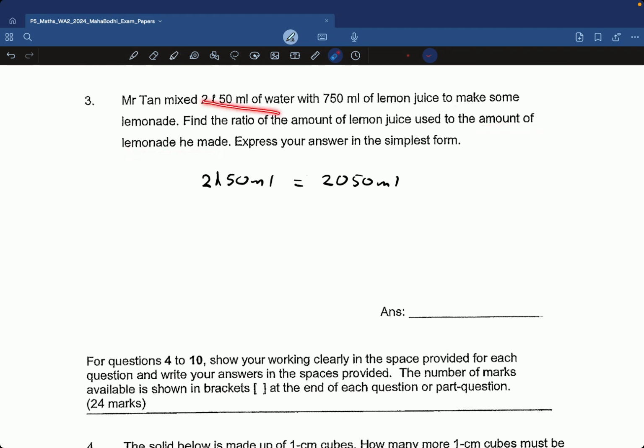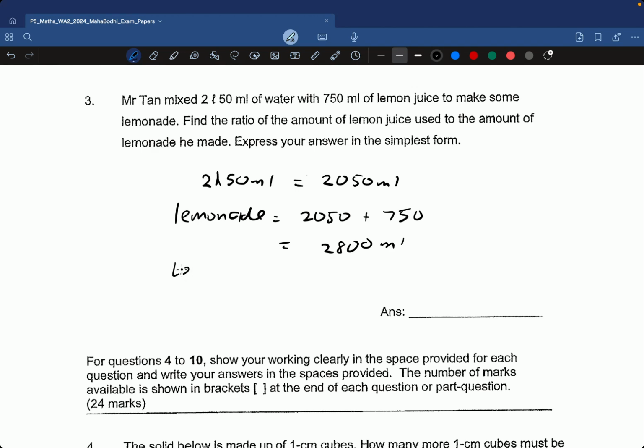To make lemonade, he combined these together. So lemonade is equal to 2050 plus 750, and this gives you 2800 milliliters. So amount of lemon juice to lemonade is equal to 750 to 2800.